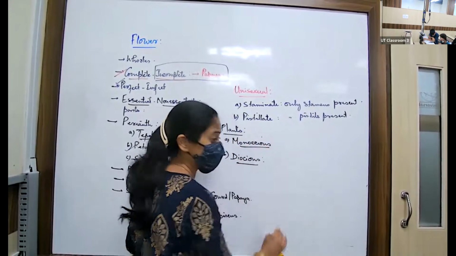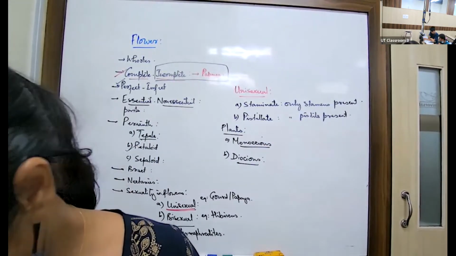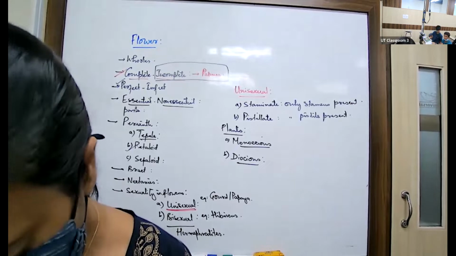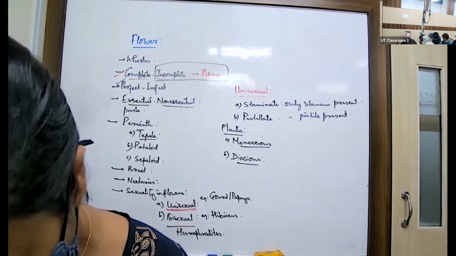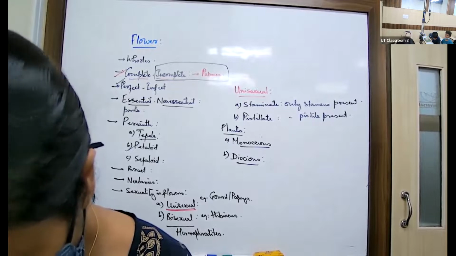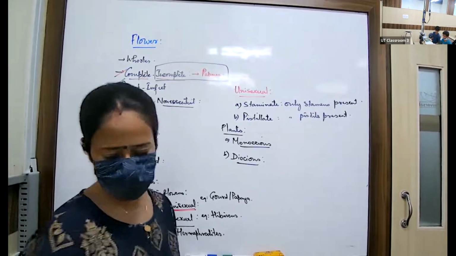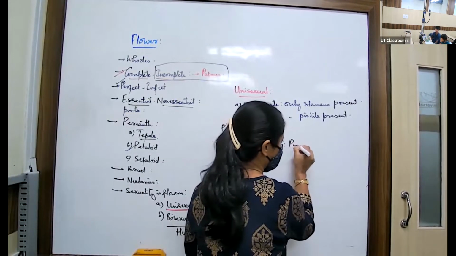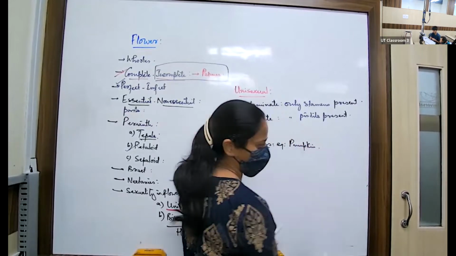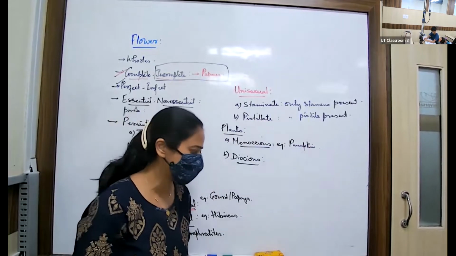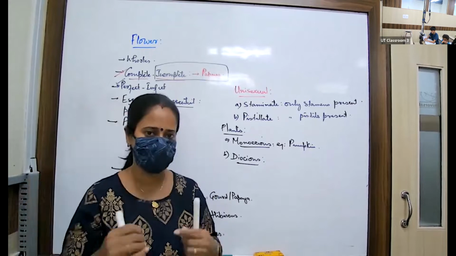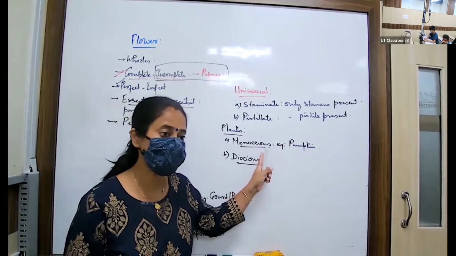Monoecious and dioecious plants. Here we understand what type of flowers they may be possessing. Let us try to understand certain examples. When we are talking about the monoecious plants, let us write one example. Just now I gave you examples of the gourd and the pumpkin. Pumpkin. What is a monoecious plant?